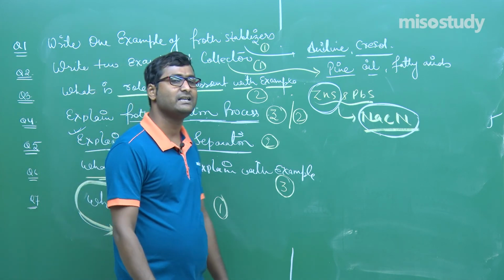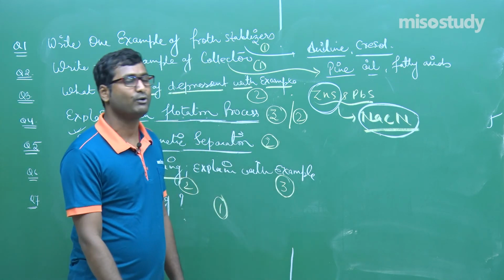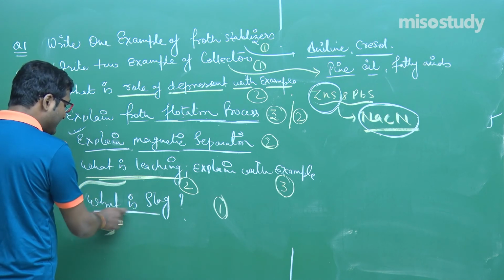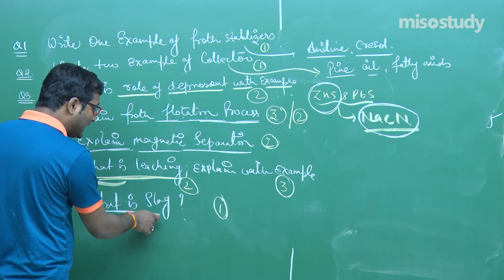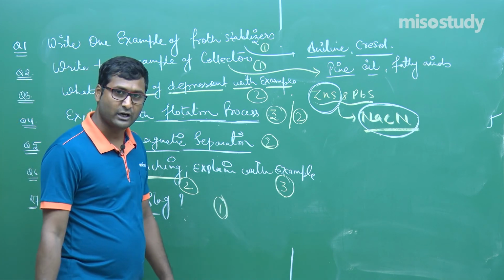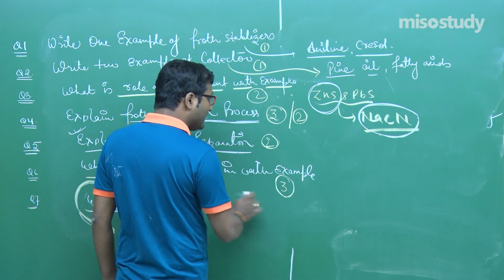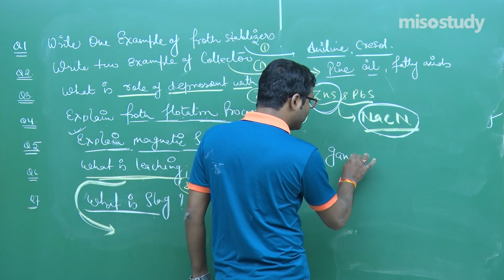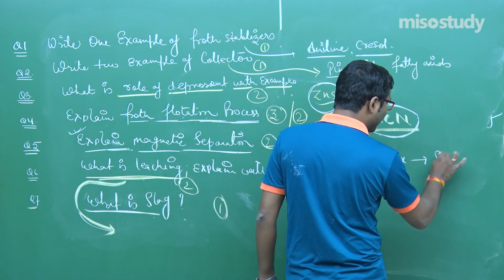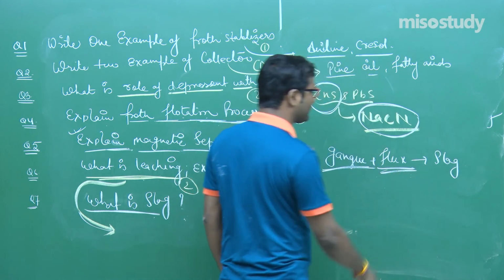Pure in the sense of free of impurities. In most cases there are some impurities left, as I told you. Clear? Earlier, what is slag, my friend? To remove impurities from the calcined or roasted ore, we use flux, and the impurities, that is the gangue, plus flux gives you, my friend, slag. Do you remember? Gangue may be acidic or basic, flux may be acidic or basic.